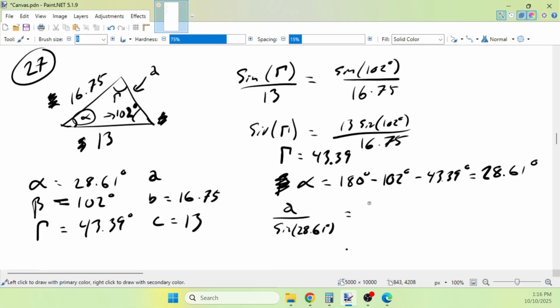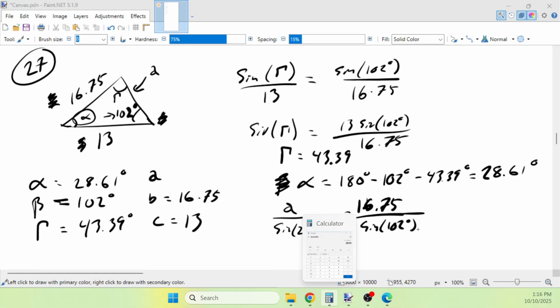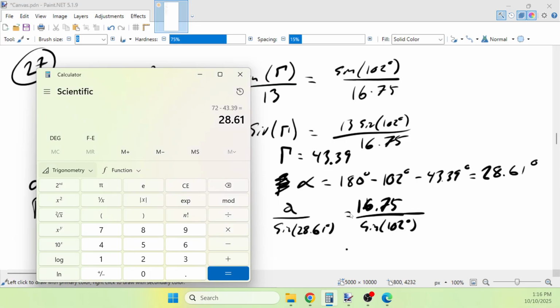We want to use B. Those are the values we have. So we have 16.75 over sine of 1 degrees. Take this and save that for later. 0.478.